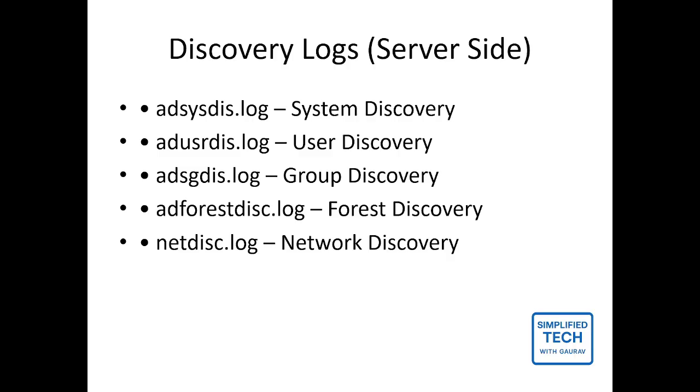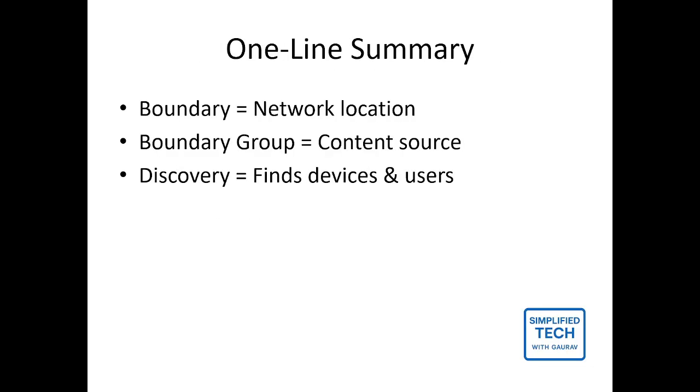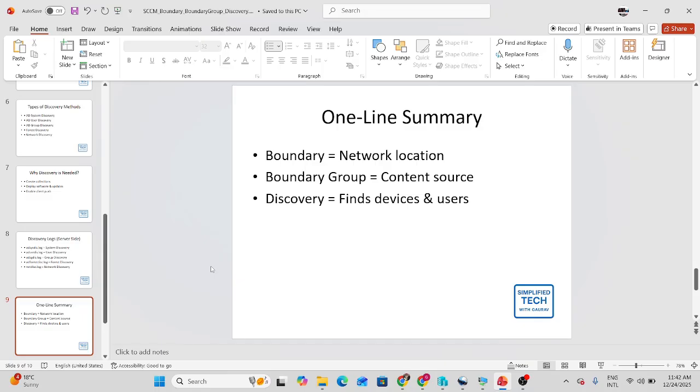Group discovery, adsgdis.log. Forest, adforestdis.log. And for network, netdisc.log. In simple terms: boundary is the network location; boundary group is the content source, where it will fetch the content from the DP; discovery finds devices and users. This is the summary.